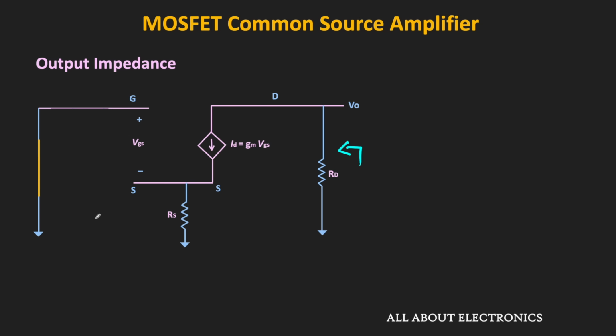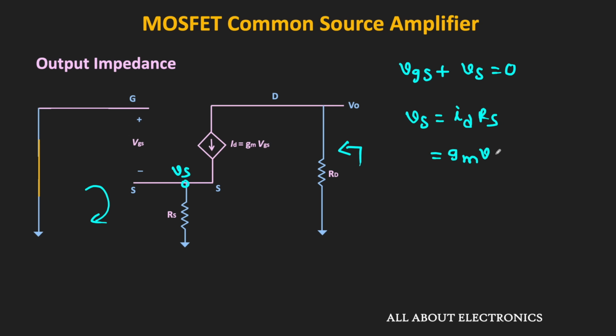So if we apply the KVL in this loop, then we can say that voltage VGS plus VS is equal to 0, where this VS is the voltage drop across this resistor RS. And as we have seen, this voltage VS is equal to ID times RS. That is equal to gm times VGS times RS.